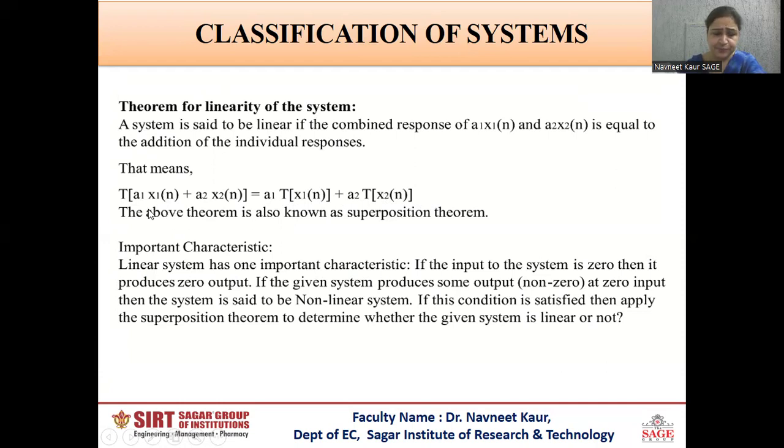That is, a1 y1[n] plus a2 y2[n] as the output. This property is known as the superposition theorem, and if a system satisfies it, then the system is known as a linear system.